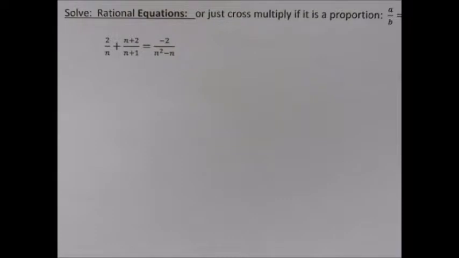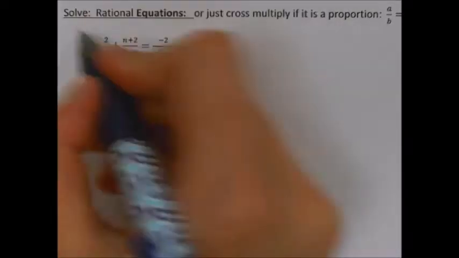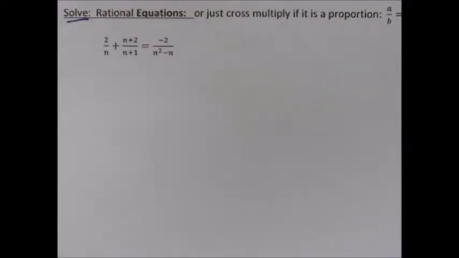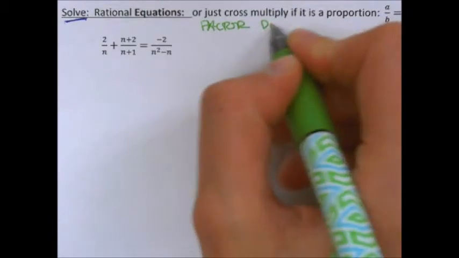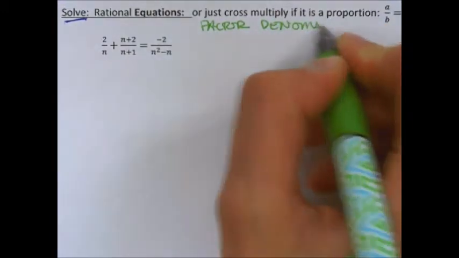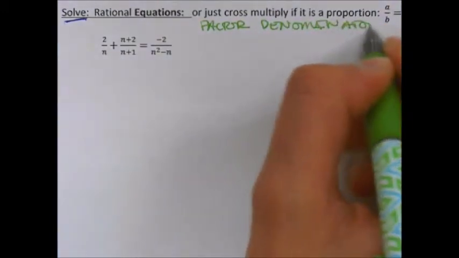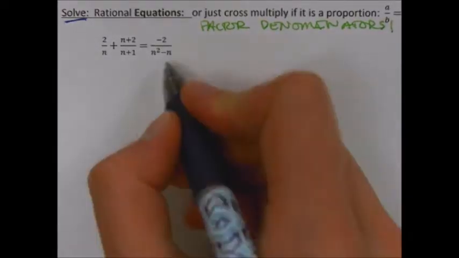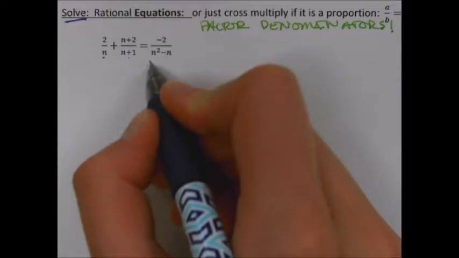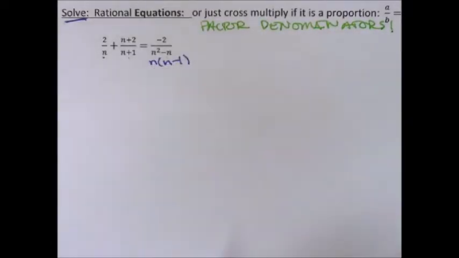All right, so now we're moving on to solving. So one thing we can do is look for our least common multiple. But before we do that, we have to factor the denominators. So this one's factored, so this is n times n minus 1.